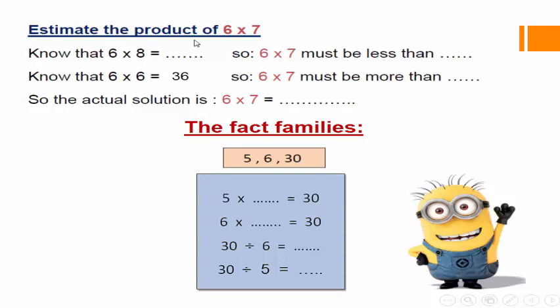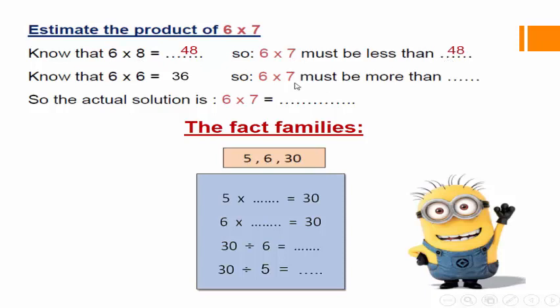Estimate the product of 6 times 7. I will find the 2 multiplication problems which are nearest to the product of 6 times 7. They are 6 times 8 and 6 times 6. 6 times 8 equals 48, and 6 times 7 must be less than 48, because 7 is less than 8.